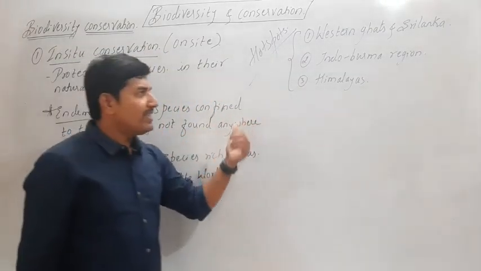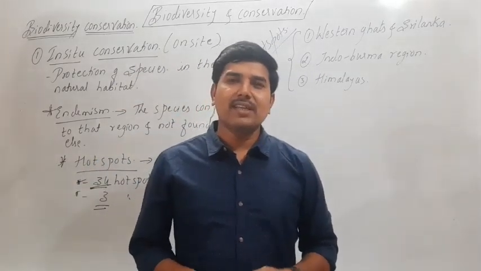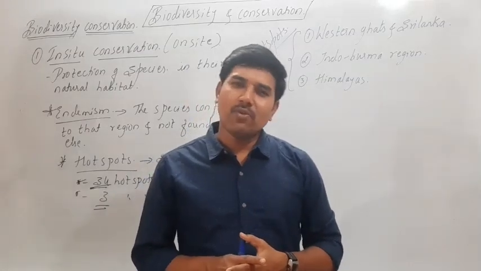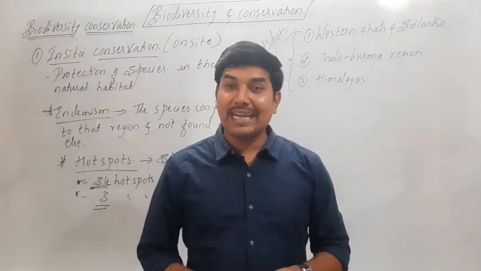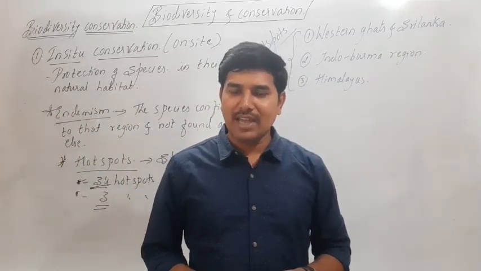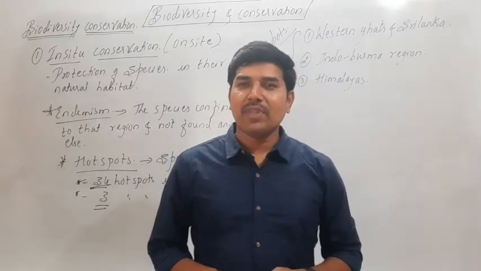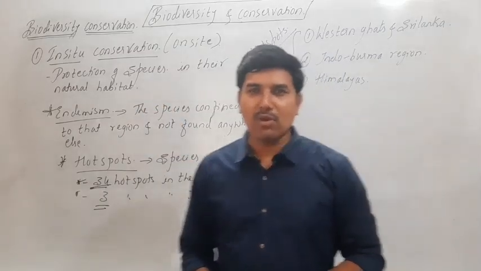Then the next terms we come across are certain definitions like sacred groves and sacred species. Then with that we are coming to the end part of the chapter. Before that, let's look at the in situ conservation methodologies.